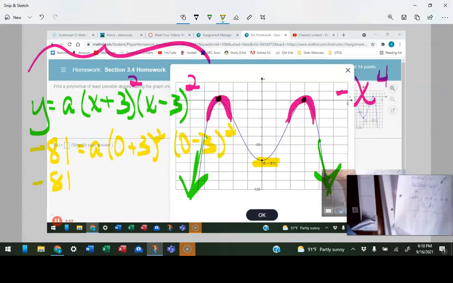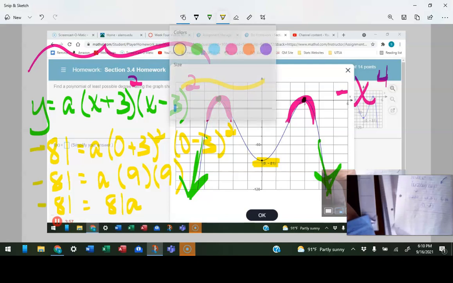So I get negative 81 equals a. Well, 3 squared is 9, and negative 3 squared is 9. So I've got negative 81 equals 81a. So a must be negative 1.